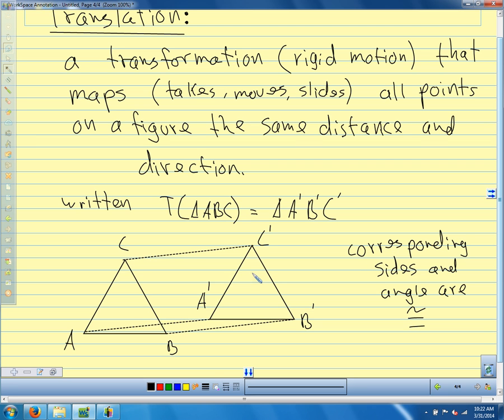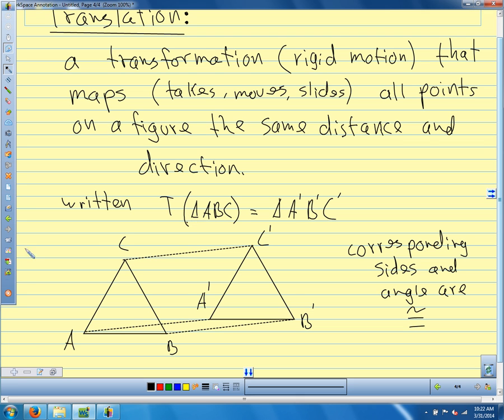So what I want to do next is do a couple of examples of how we write out, how we figure out how much and in what direction, how far and in what direction we're doing a translation. So there's a way that we write that out, and we can describe translation using numbers.